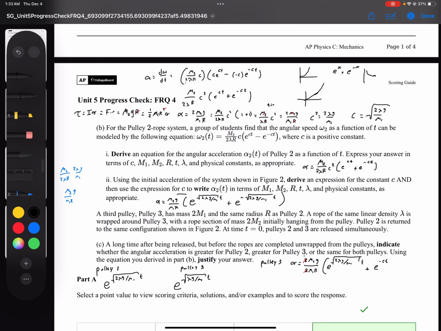And it just so happens, because of the exponential term, this first exponential term is what dominates. For pulley 2, the angular acceleration is going to grow at a faster rate than for pulley 3 because of this exponential term. So yeah, that's pretty much it.